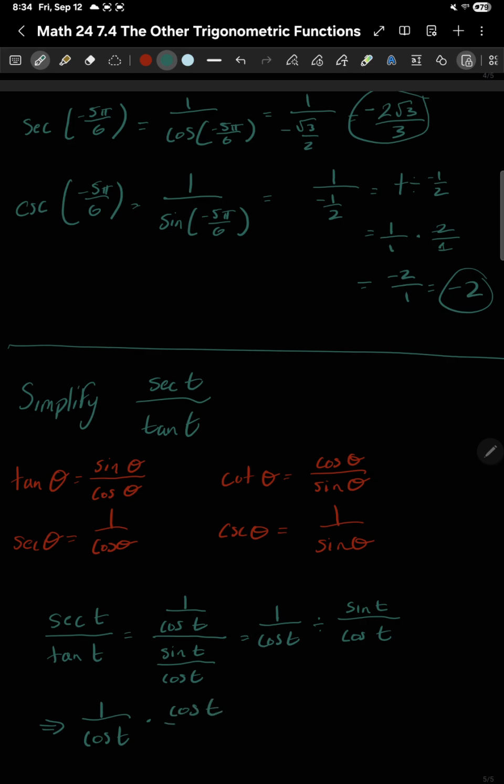I'm saying this repeatedly so eventually it becomes easy for you to think about. Now we can cancel our cosines, and we just end up with 1 over sine of t. But notice this is also one of our identities, so rather than keeping it as a fraction, we can replace this with cosecant of t. And there is our final answer for this problem.